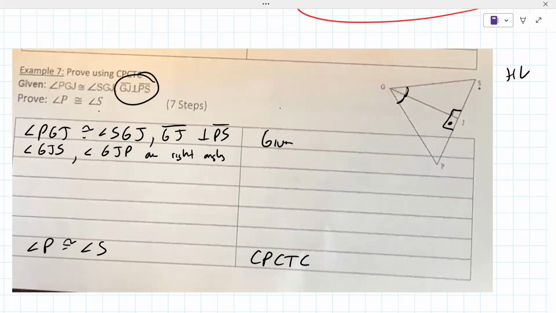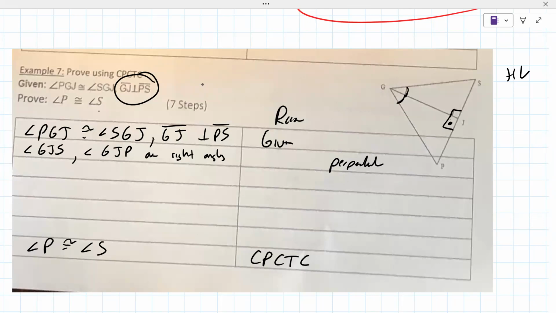Now, the reason, that's the hard part. The reason is always the hard part. It comes from this right here, GJ perpendicular to that. So what word should also appear in the reason? Perpendicular. Anything else you can think of?